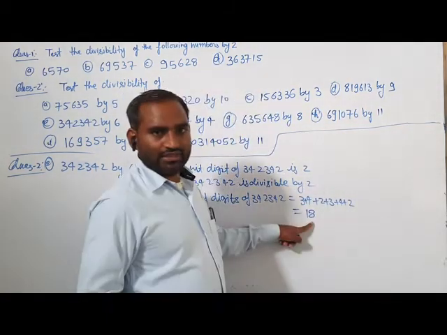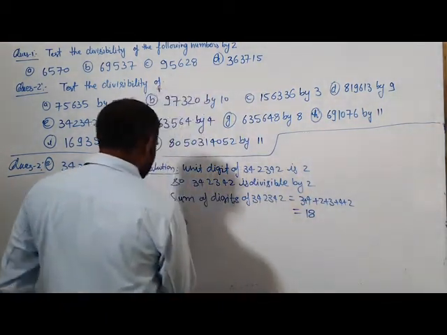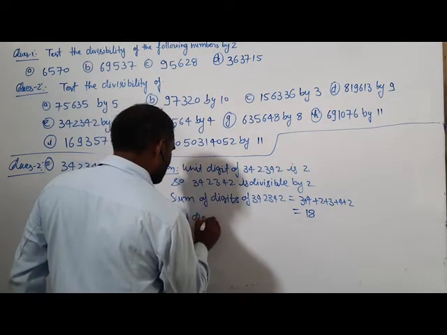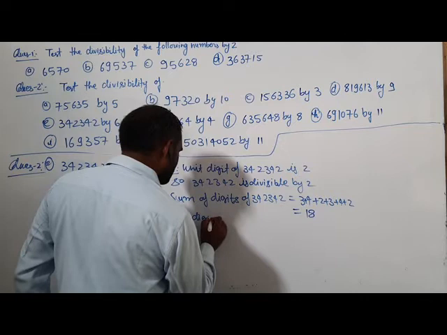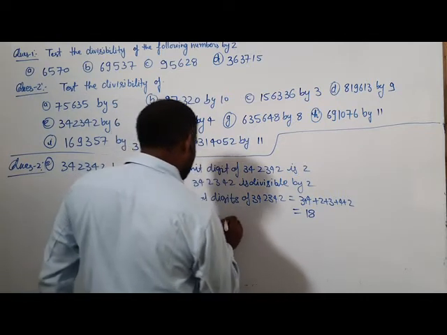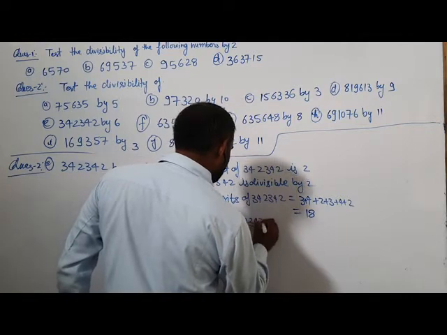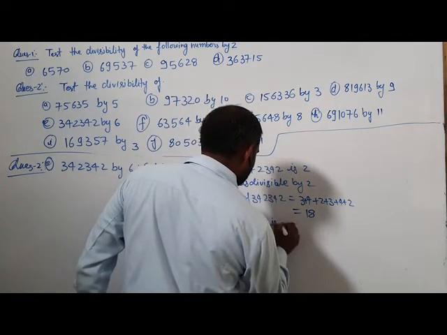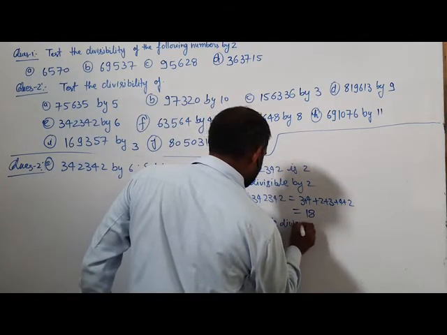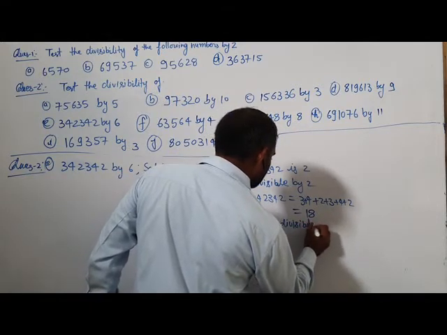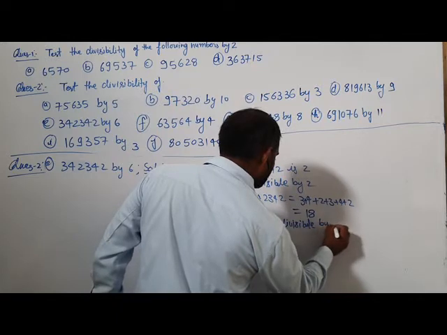It is divisible by 3, 3 sixes are 18. The sum of digits is divisible by 3.